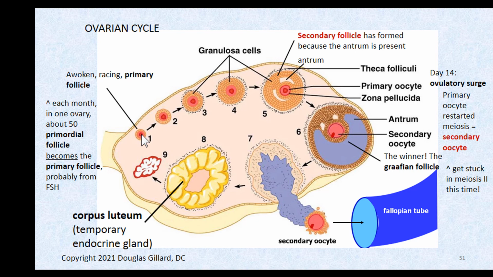So here's the little egg maturing, and there's hundreds of these things. It's a race to get to this stage, and only one will make it to this stage. This is called the Graafian follicle. The Graafian follicle will bind to the wall of the ovary and spit out the egg, or at this point it's a secondary oocyte. Remember, it's stuck in meiosis 2.